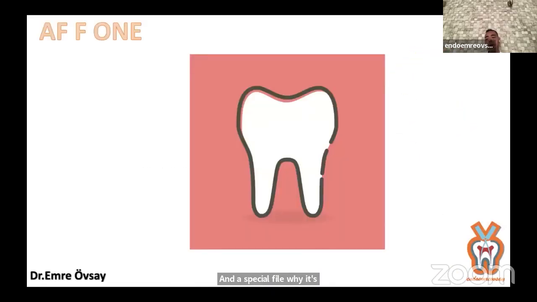Because I had a problem in the student clinic in my previous university. In prosthetic dentistry, they use a lentulo to put some materials inside the root canal system. And the helicoidal lentulo is very popular among Turkish dentists and also for those who do prosthetic dentistry.